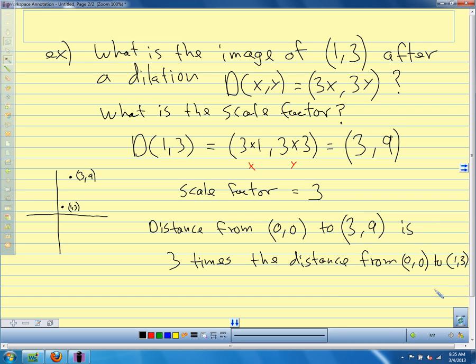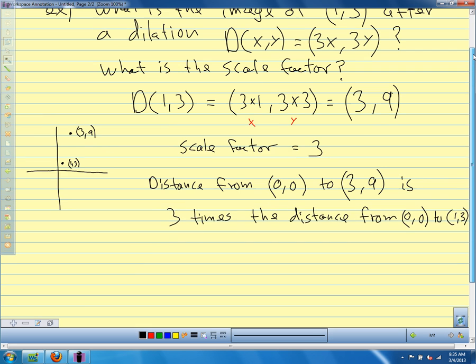So the scale factor changed the length of that segment by 3. We're multiplying the length of the segment by 3, by the scale factor. So that's one thing that dilations do, is it multiplies the length by the scale factor. So this is going to be true in any kind of dilation.